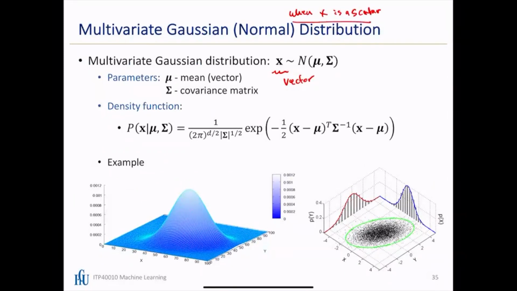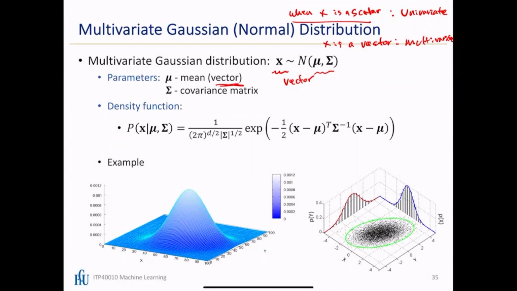When x is a scalar, we call that univariate, and when x is a vector, we call that multivariate. This multivariate Gaussian distribution is again parameterized using a mean value and a covariance matrix. And this mean is indeed a vector.